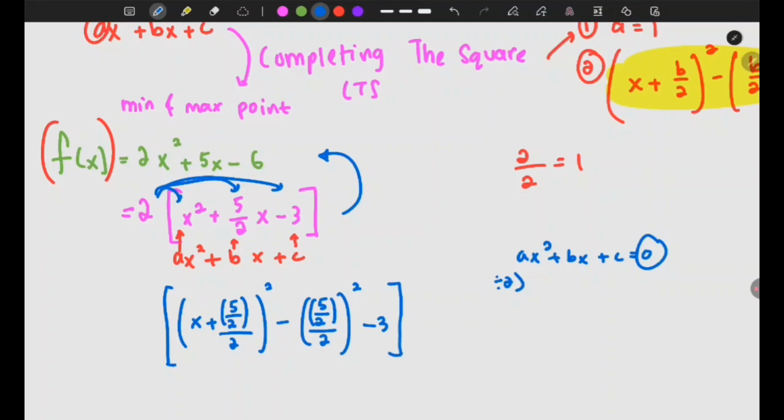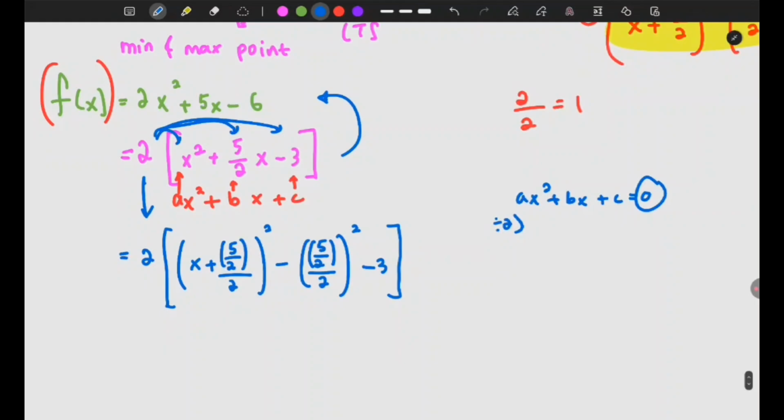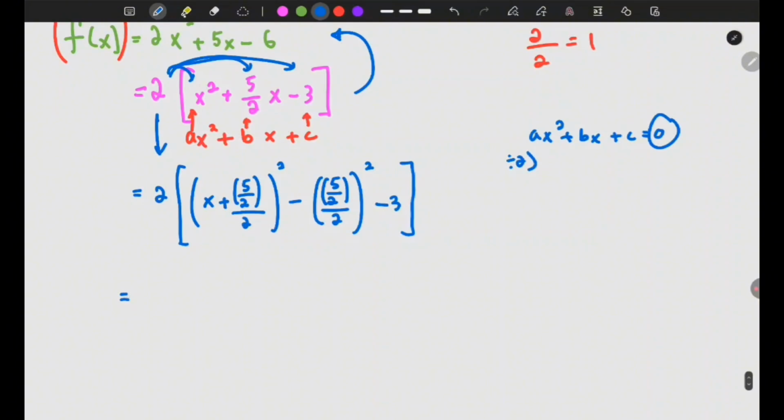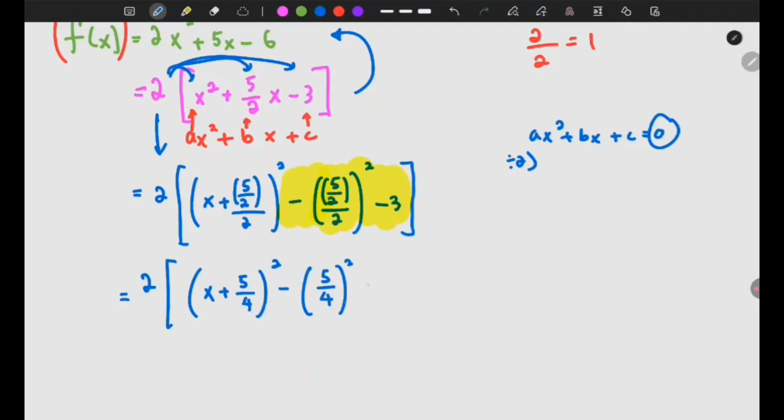And now the thing is actually the same thing. This part you have to press in your calculator, right? Yes, do that. 5 over 2 divided by 2 is 5 over 4. So minus 5 over 4 squared. And now 5 over 4 squared is 25 over 16.